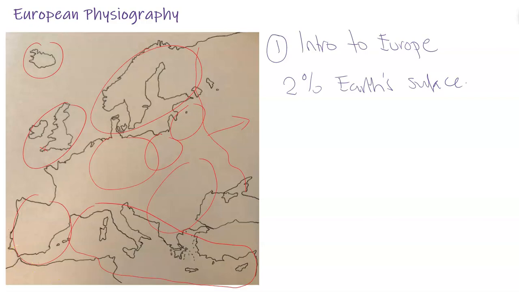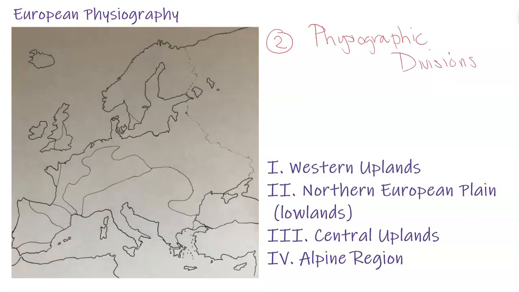All right. Now we're on to the physiographic divisions, how we divide Europe into its distinct large regions or landforms. Pretty much like North America, but there are a lot fewer divisions. There are 10 in North America, whereas there are only 4 in Europe, and Asia and even Australia have their own divisions.